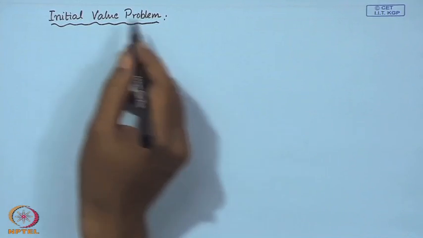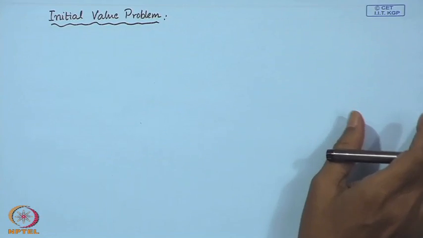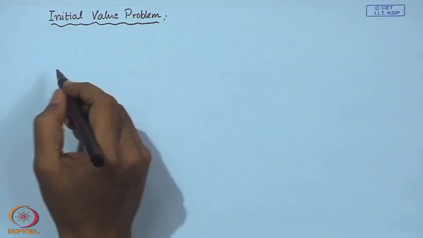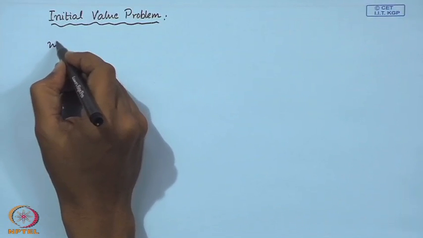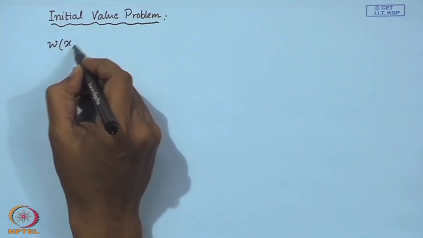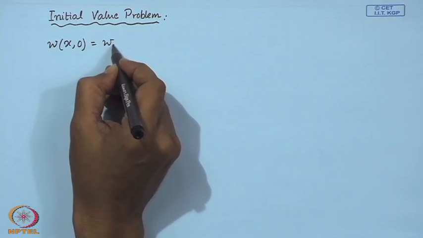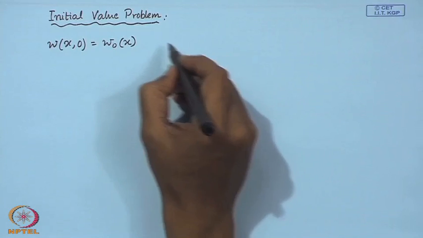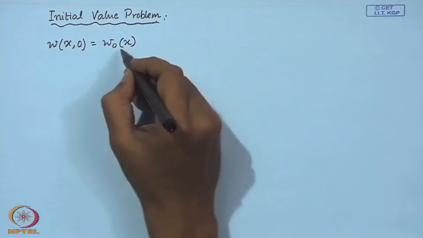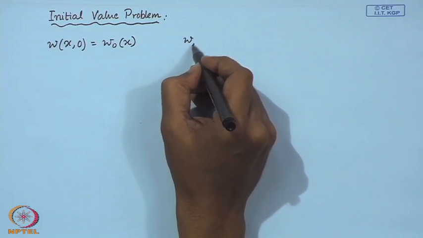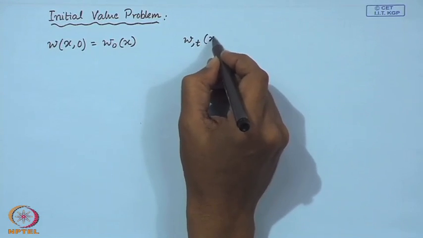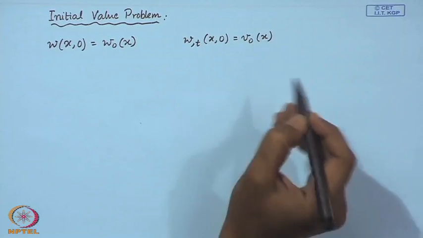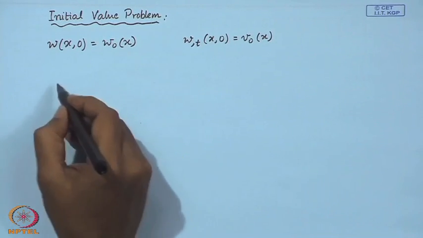Now, we can once again look at the solution of the initial value problem for the travelling string. So, we normally have an initial displacement distribution on the string, and a velocity distribution.